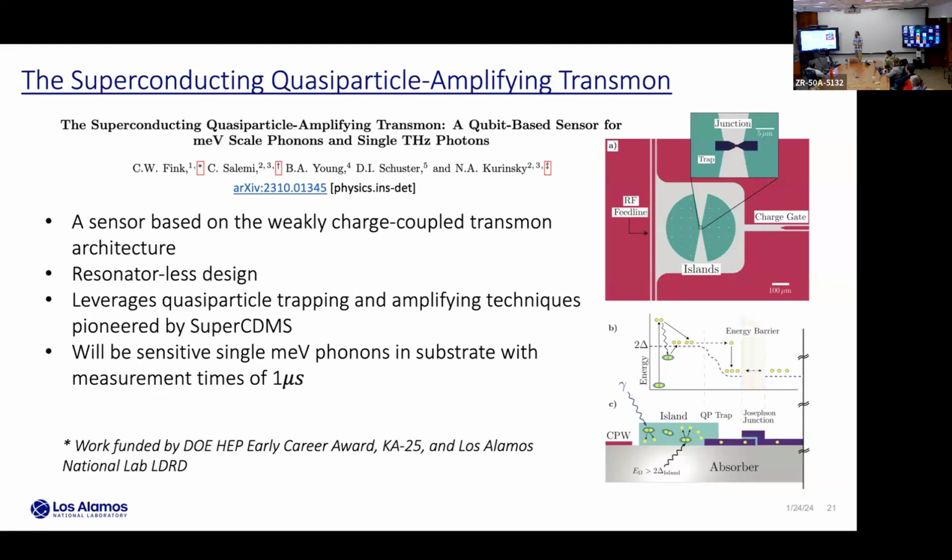And it uses these quasi-particle trapping techniques I'll talk about next, in the same way that SuperCDMS uses them in their detectors to amplify the signal, except where you're replacing the transition-edge sensor now with a qubit or just a Josephson junction. And we expect from all our modeling that this should be an achievable path to get to single milli-electron volt phonon sensitivity.